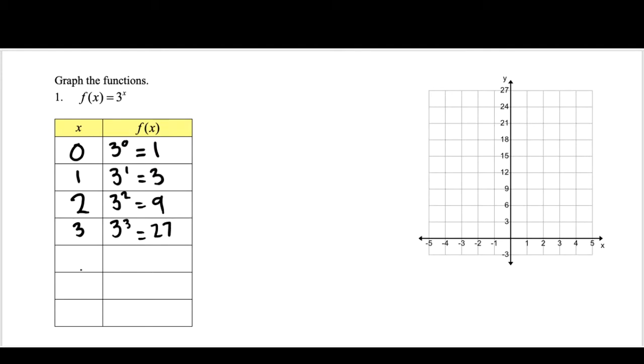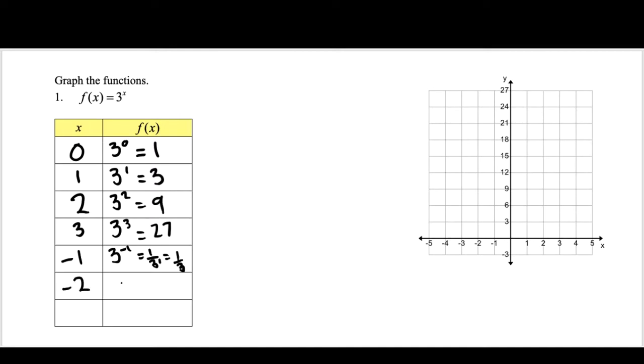Let's try a few negative x values as well, something like negative 1. That gives me 3 raised to the power of negative 1. Another rule of exponents is that a negative exponent can be written as 1 over the same number raised to a positive exponent. So this would be 1 over 3 raised to the power of 1, or just 1/3.